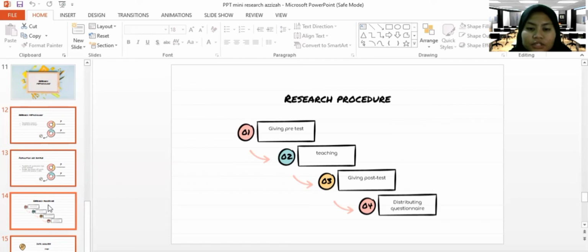And then the researcher does the teaching using mind mapping in the experimental group and using the traditional method in the control group for about 2 months. It will consist of 8 meetings. At the end of the teaching, in the 8th meeting, the teacher distributes post-tests to the students, and then after teaching for 2 months, the researcher will distribute the questionnaire.